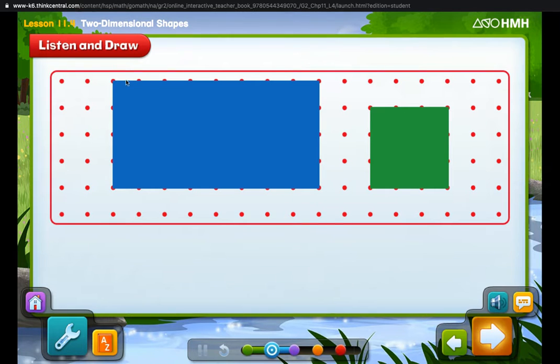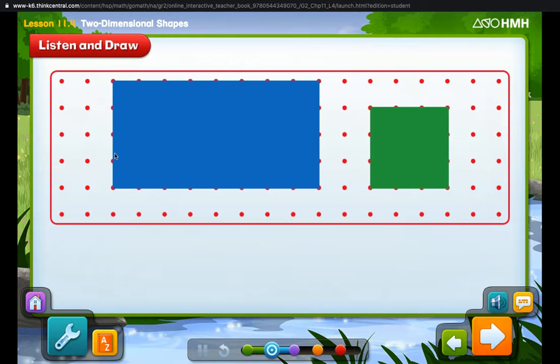So again, the rectangle is bigger than the square. That's true, and that's how they're different in one way. But remember, what we know about rectangles is that not all the sides are the same. So this side right up here at the very top and this side at the bottom are the same, but the two sides right here are not the same length as the ones on the top or the bottom.